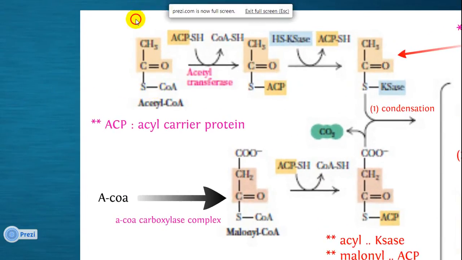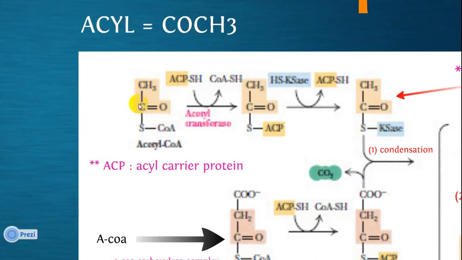We said that the acyl is COCH3. It will react with an enzyme called acetyltransferase. From its name, acetyltransferase, it will transfer the acetyl group from the coenzyme A and bind it with something called ACP, acyl carrier protein. After that the ACP will be replaced with something called HS or ketoacyl.